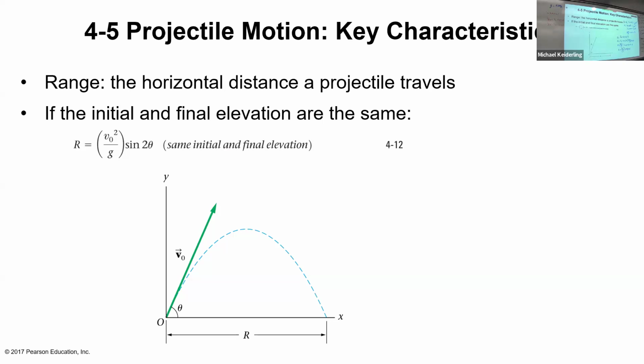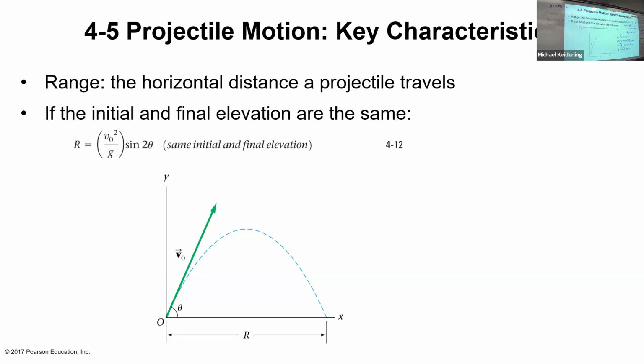There's some nice things that come out of the range equation. Because this is the sine of 2 theta, if two angles are complementary, they add up to 90 degrees, their range for the same initial velocity will be the same. So if you fire something at 30 degrees at 10 meters per second, and at 60 degrees at 10 meters per second, they'll land in the same place.